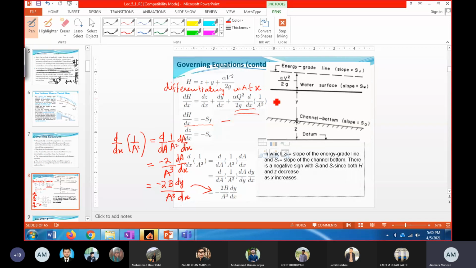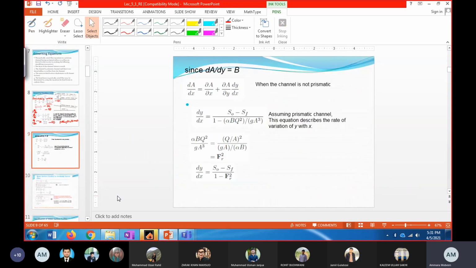So if this is equation 1, and these are 2, 3, and 4, putting 2, 3, and 4 in equation 1, we get the governing equation.